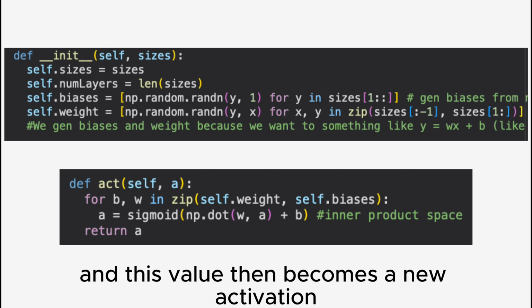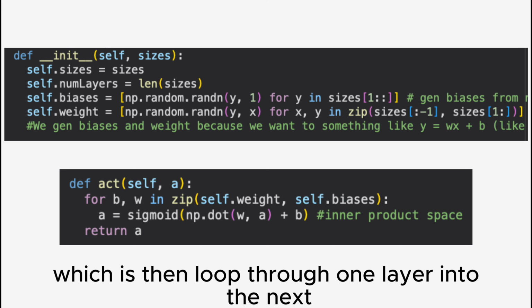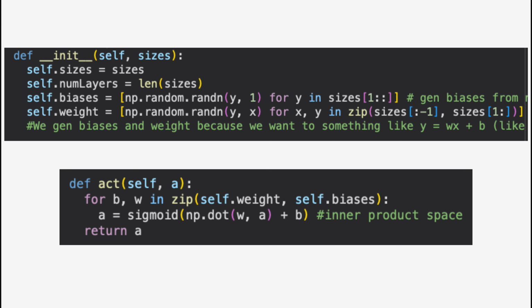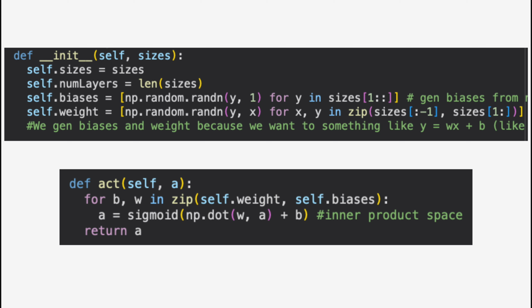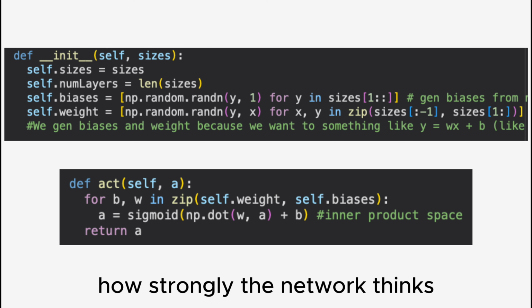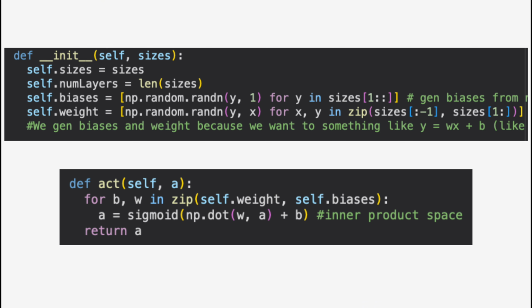And this value then becomes a new activation, which is then looped through one layer into the next. The final output for this is a 10 by 1 vector, where each entry represents how strongly the network thinks the input is a particular digit.